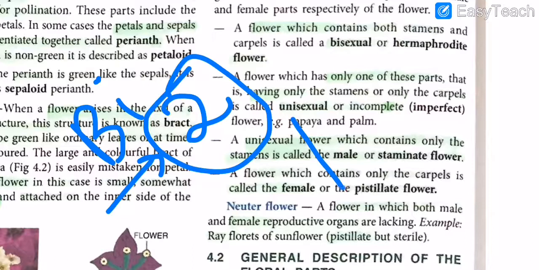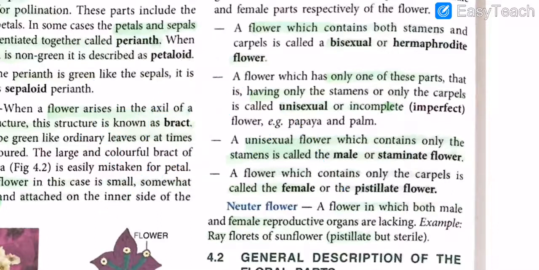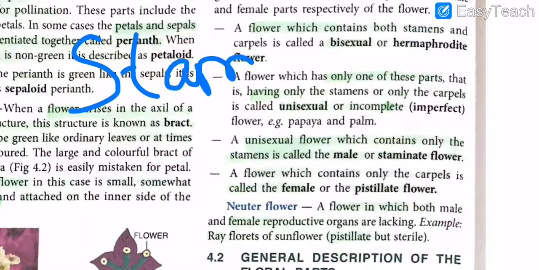Uni meaning one. A unisexual flower which contains only the stamens is called a male or staminate flower. A flower which contains only the carpels is called a female or pistillate flower. So what are the male and the female parts of a plant called? Stamen for male and pistil for female, right?